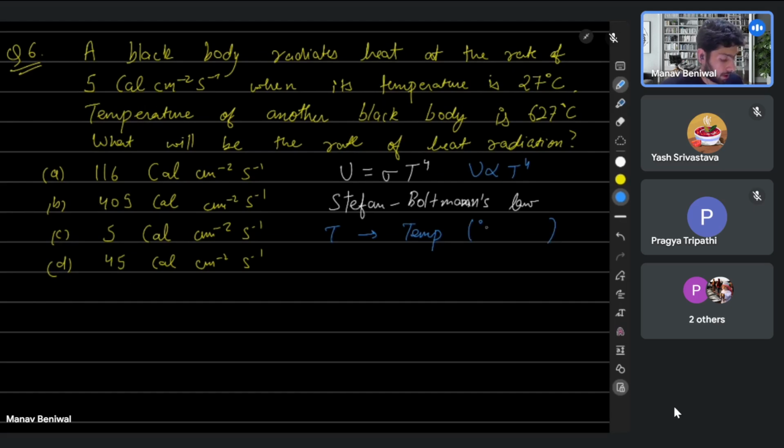Should we use Celsius, Fahrenheit, Kelvin? In this equation, we always use Kelvin, because Kelvin is the absolute temperature unit.